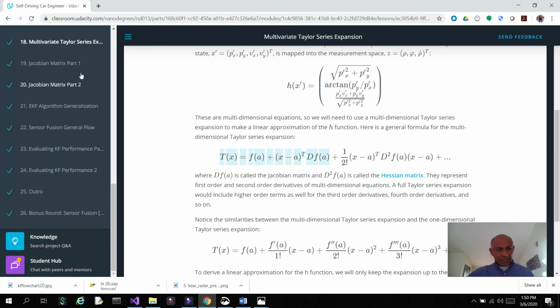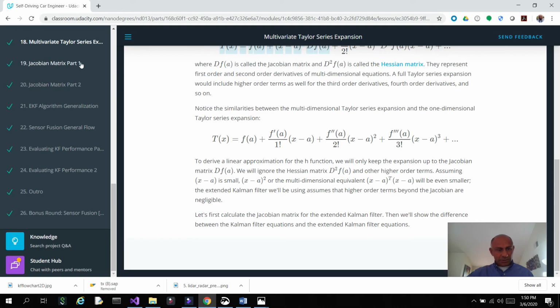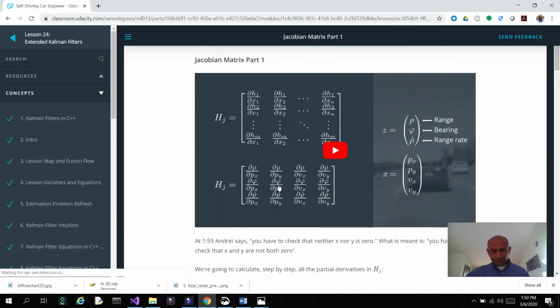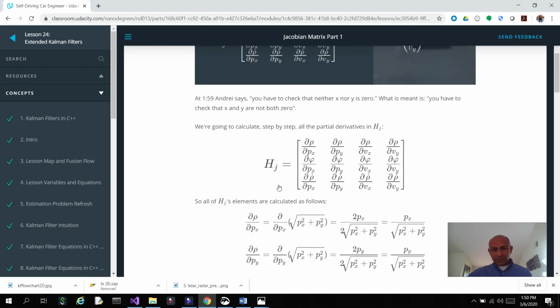Cool. So let's see the Jacobian matrix. It works out to this. These are partial derivatives of rho, phi, and rho dot with respect to px, py, vx, vy, which are in the Cartesian coordinate system. So range, bearing, and radial velocity.